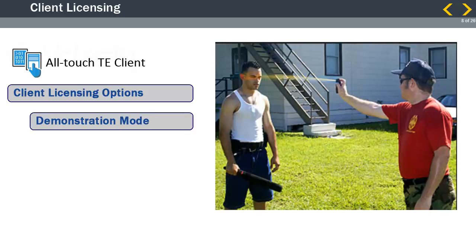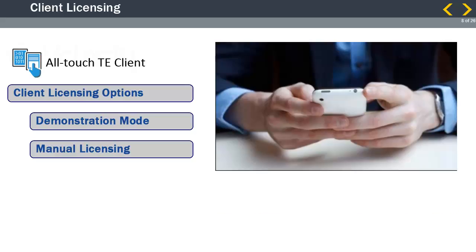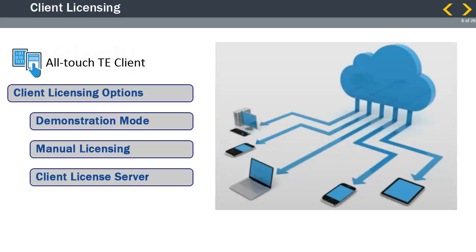If after a demonstration period, a company decides to purchase licenses and works in full production mode, there are 2 types of licensing models: manual licensing, which entails touching each and every device, and automated licensing, which uses the Wavelink license server. The next few slides will discuss the 3 different modes of licensing available.